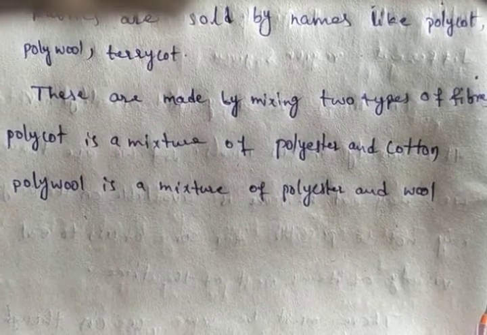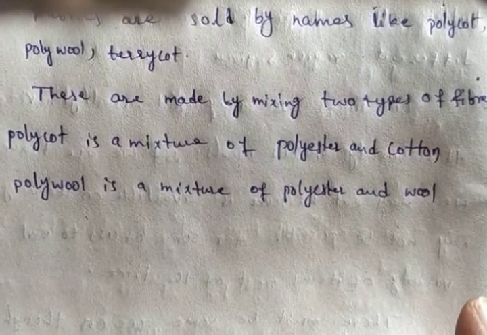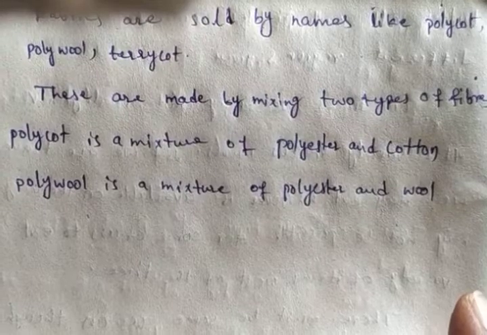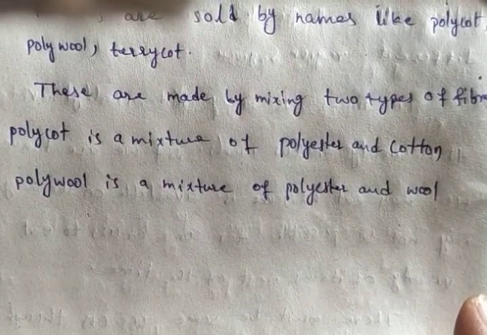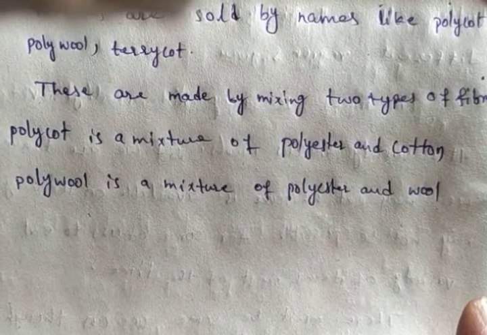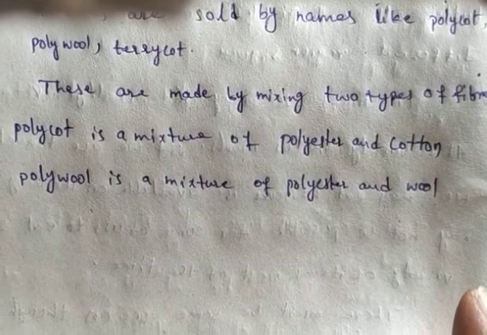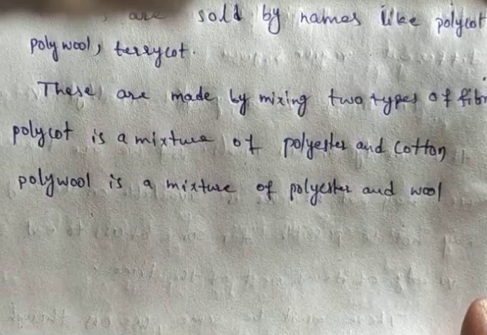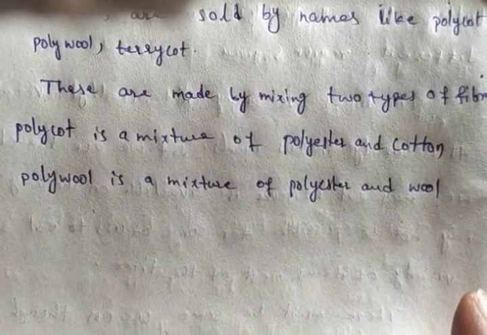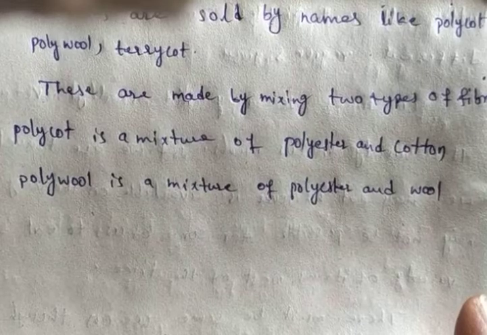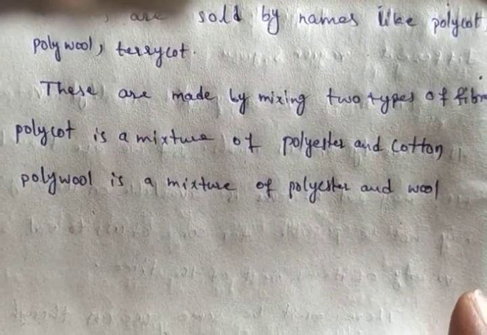They appear to resemble wool, but they are prepared from another type of synthetic fiber called acrylic. The wool obtained from natural sources is quite expensive, whereas cloths made from acrylic are relatively cheap.